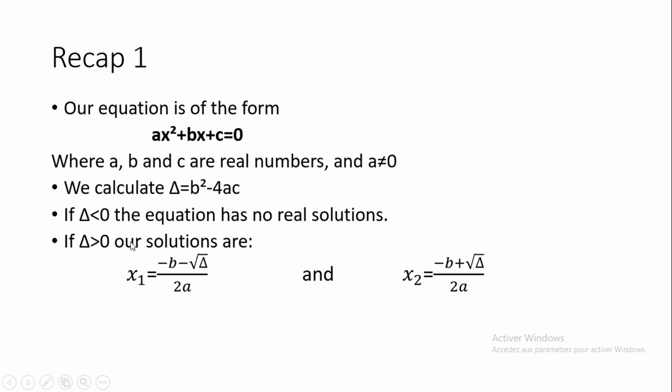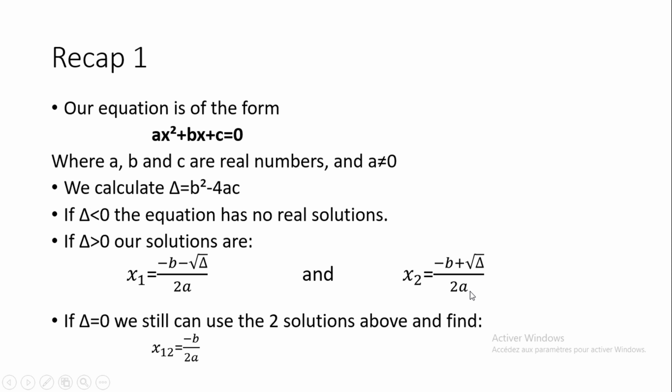If delta is higher than 0, then our solutions are x1 equals minus b minus the square root of delta over 2a, and x2 equals minus b plus the square root of delta over 2a. Now if delta equals 0, we still can use the two solutions above and find x12 equals minus b over 2a.